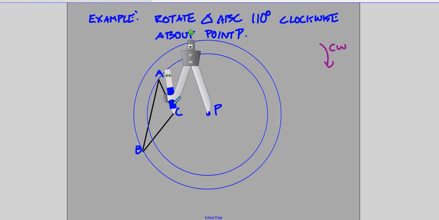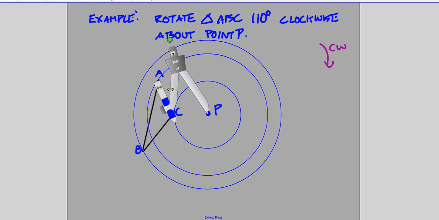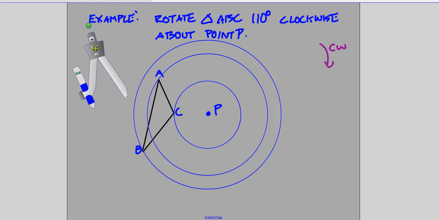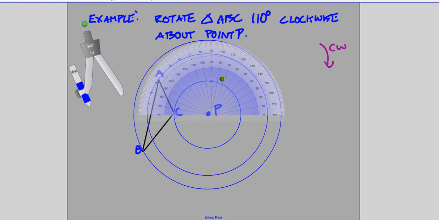Looks pretty good. So now we draw that last circle. Now we've got our circles done. We're done with our compass. Now we're moving everything 110 degrees, so we're going to need our protractor.